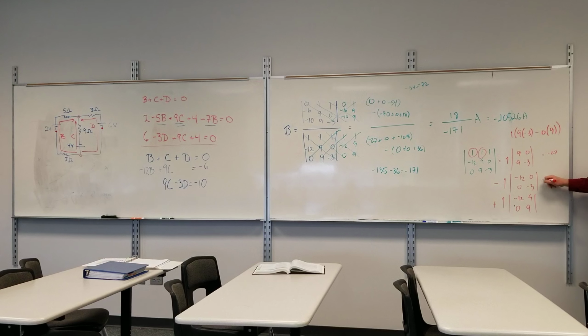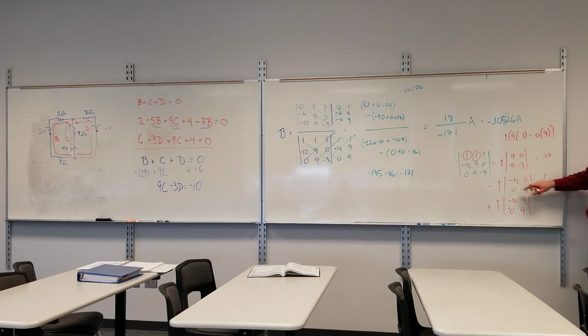This will end up being negative 1 times, I got negative 12 times negative 3. Minus 0 times, cross out that row and column, 0. Which is negative 36.